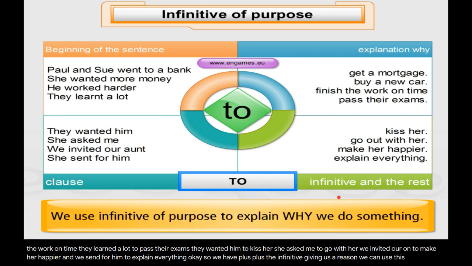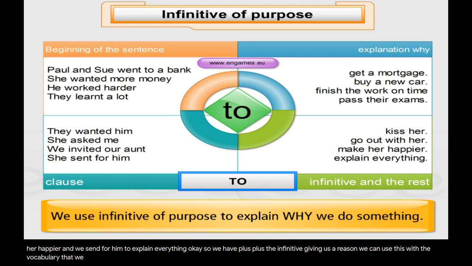We can use this with the vocabulary that we have learned. For example, I went to Acapulco to relax on the beach. We can also use, I went to Mexico City to visit some museums.